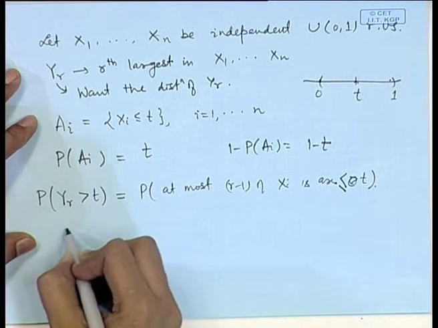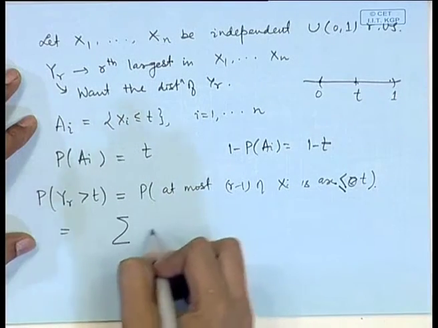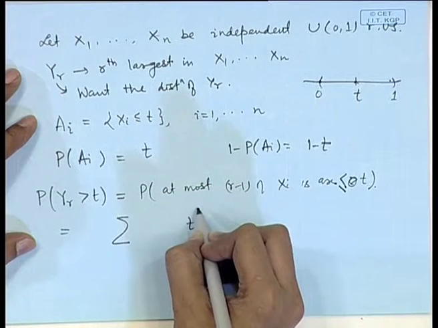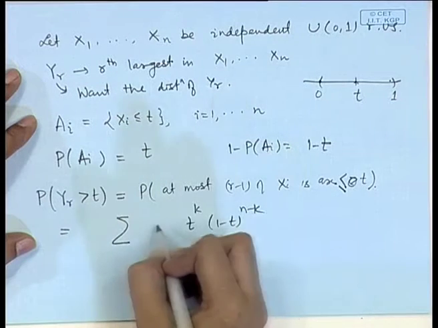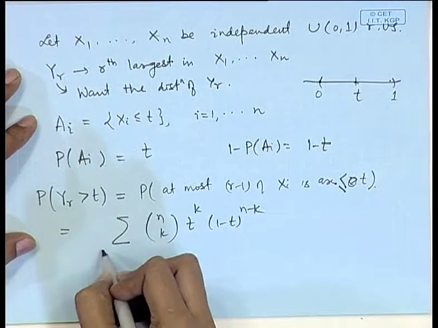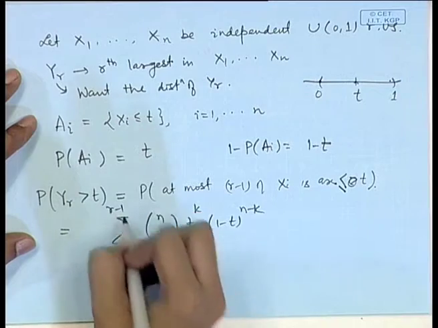So, this event is equivalent to the sum over k from 0 to r minus 1 of n choose k, t to the power k, 1 minus t to the power n minus k.